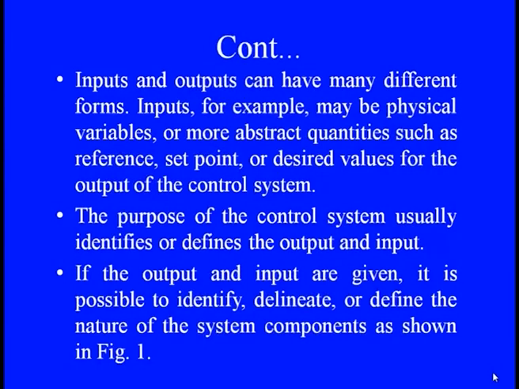Control points are where the purpose of the control system usually identifies the relation between output and input, and based on that the accuracy of the system is defined. The input-output system, as we discussed already, needs to identify or define the nature of the system, that is, the entire physical nature of your input and output signals, and accordingly the control system is designed so that we can effectively control the output according to the desired nature.